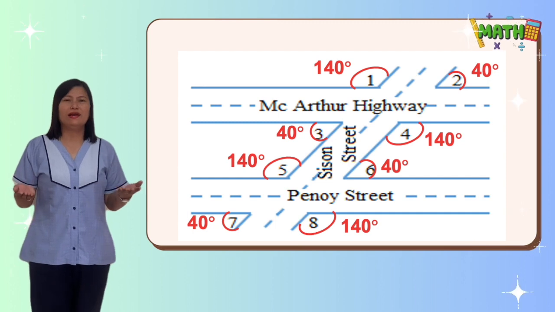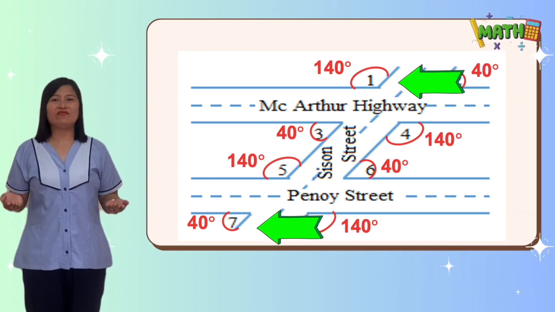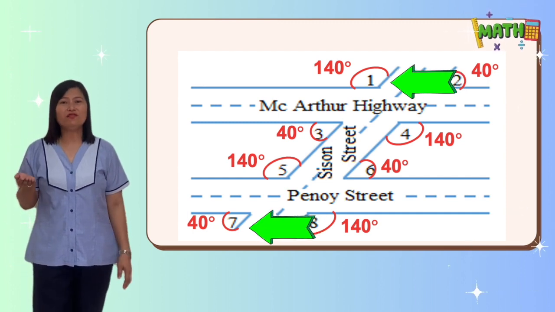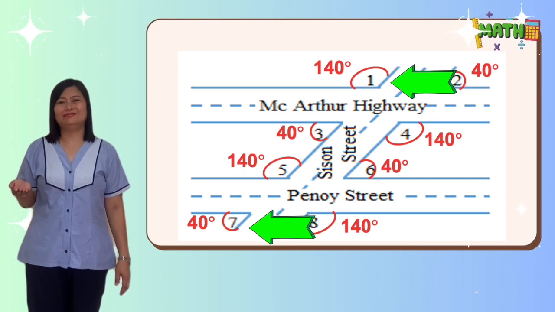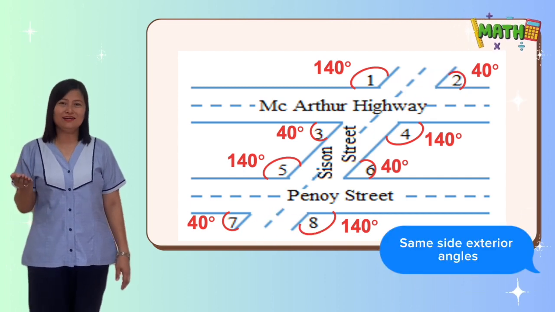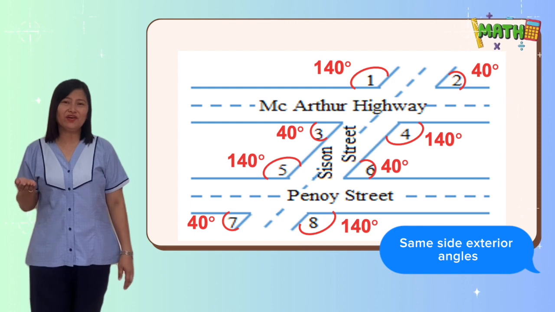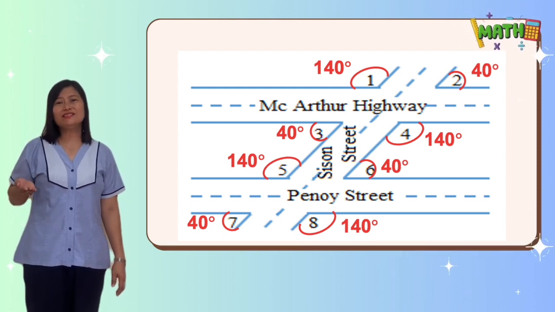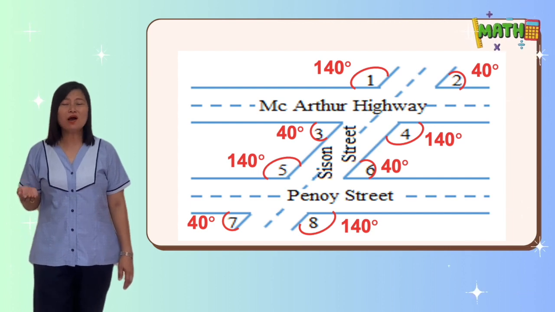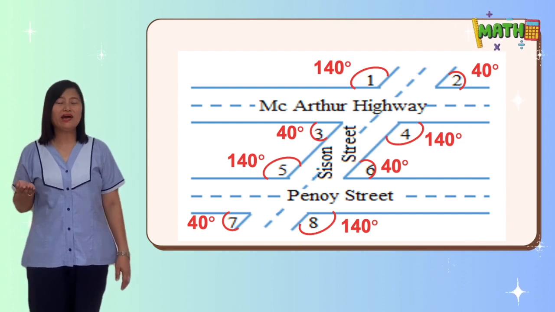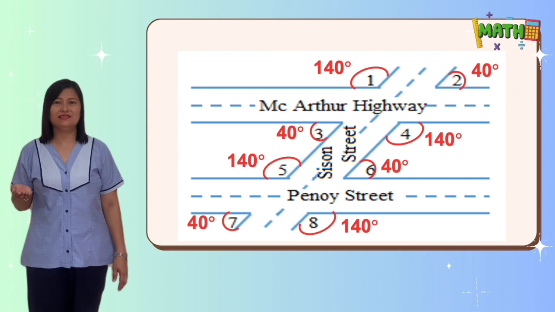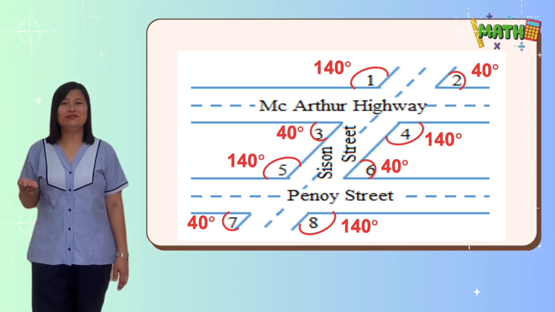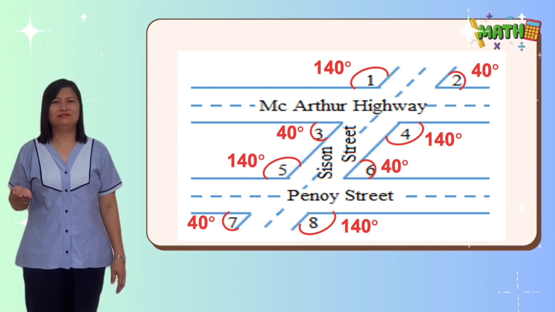What about angle 1 and angle 7? What pair of angles are they? They are same side exterior angles. And as you can see in the figure, the sum of their measures is 180 degrees. They are also supplementary.